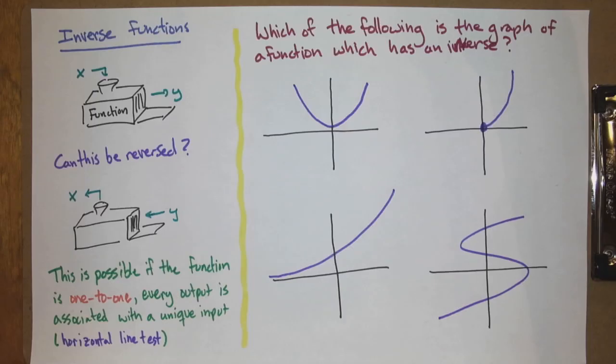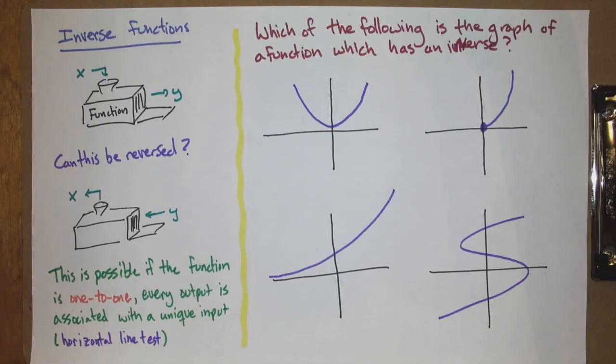You plug in -1, -1 squared is 1. And so we have different inputs giving us the same output. So we say, what do we need to be true? Each output is associated with a unique input. And there's a fancier way to say this: the function is 1-to-1. For every input, I can pair it up uniquely with a single output and vice versa.